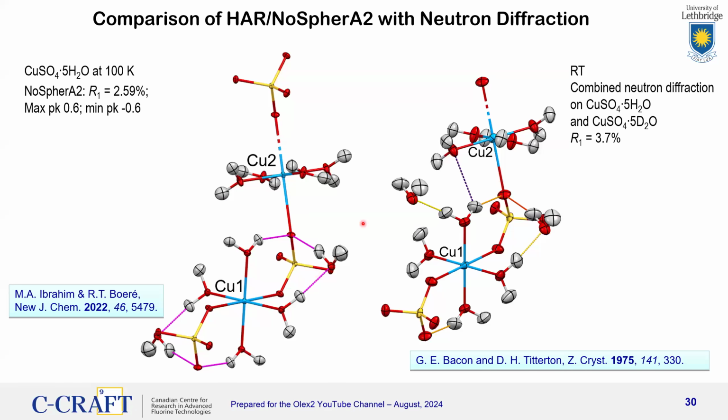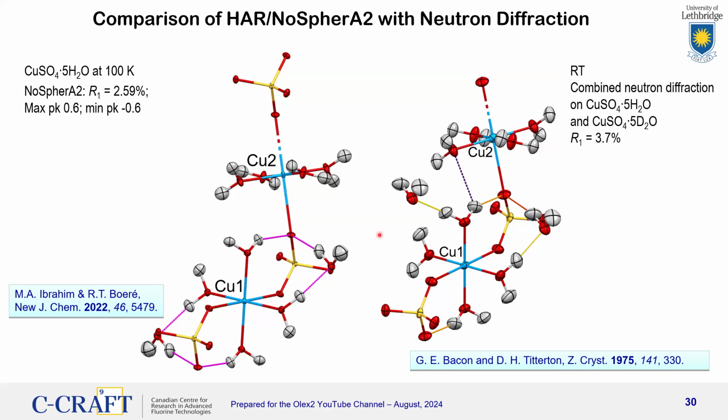comes close to that, and we've done a detailed comparison of all the hydrogen geometries and all the hydrogen bonding interactions, and we get very, very good matches from NoSpherA2 to what could be obtained from the best neutron diffraction data. And moreover, because we were working at low temperatures, we could get better definition of the heavy atoms than in this room temperature structure.